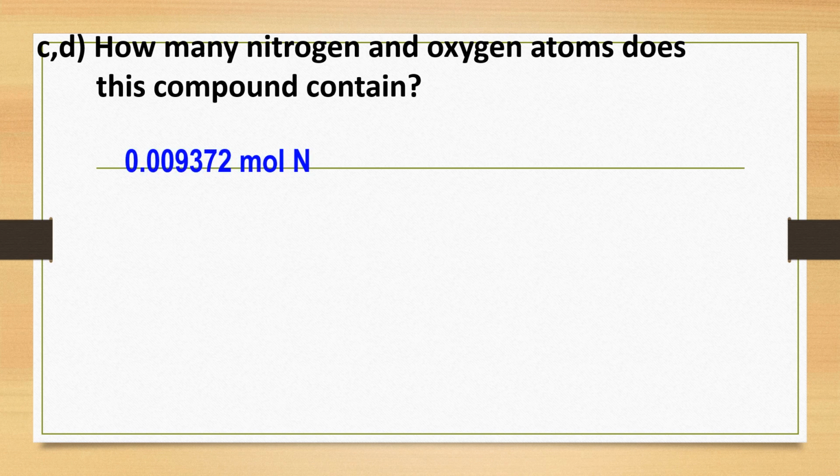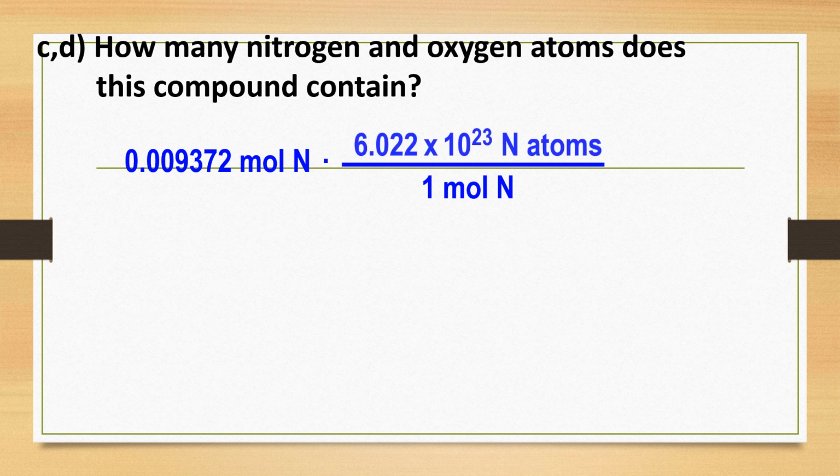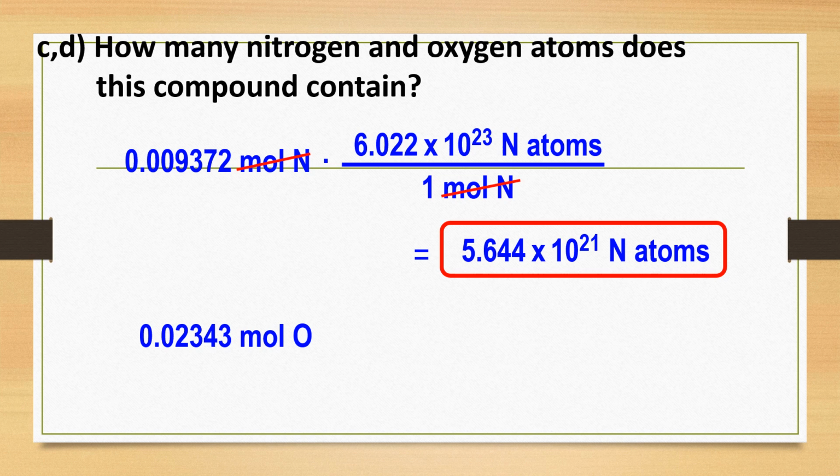We start with the 0.009372 moles of nitrogen and use Avogadro's number to convert the mole numbers into atoms. After crossing out the mole units, we have 5.644 times 10 to the 21st nitrogen atoms.